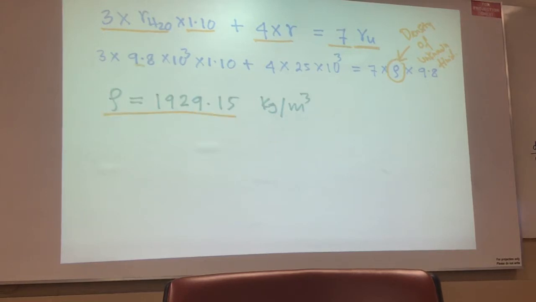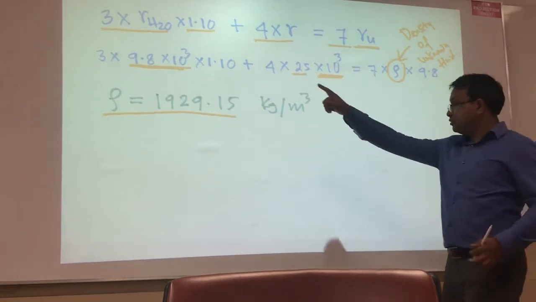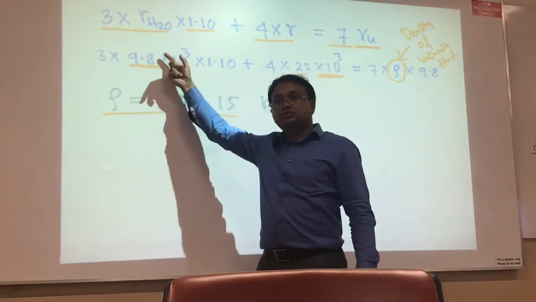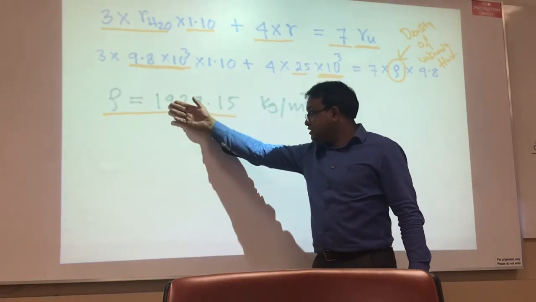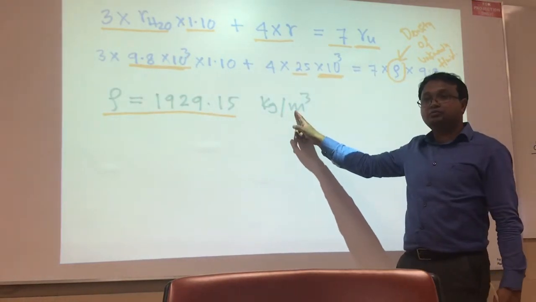So for gamma water I put 9800, right? And this one, 25 times 10 to the power 3, because I have to convert kilonewton to newton. In that case, the density becomes kilogram per meter cube.